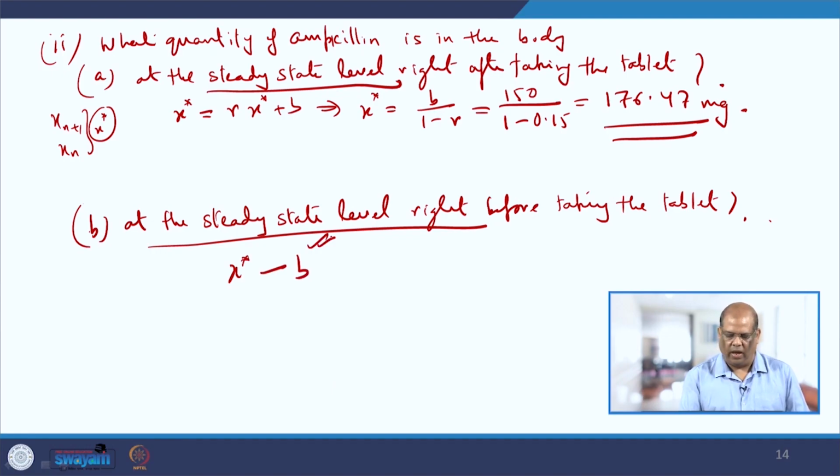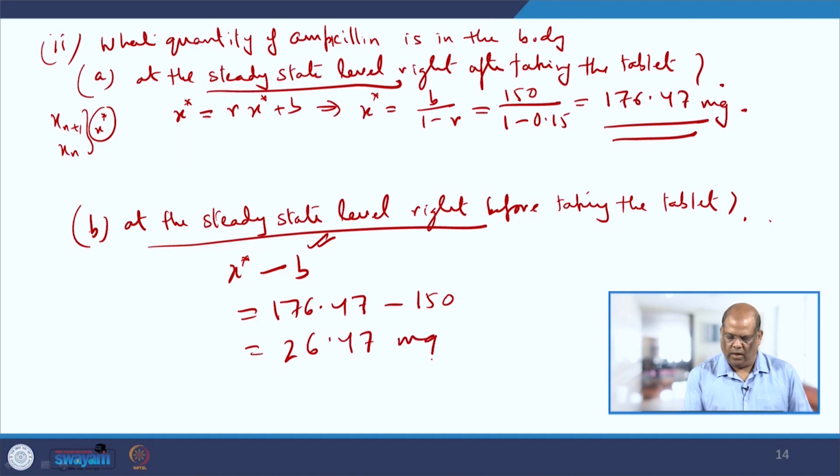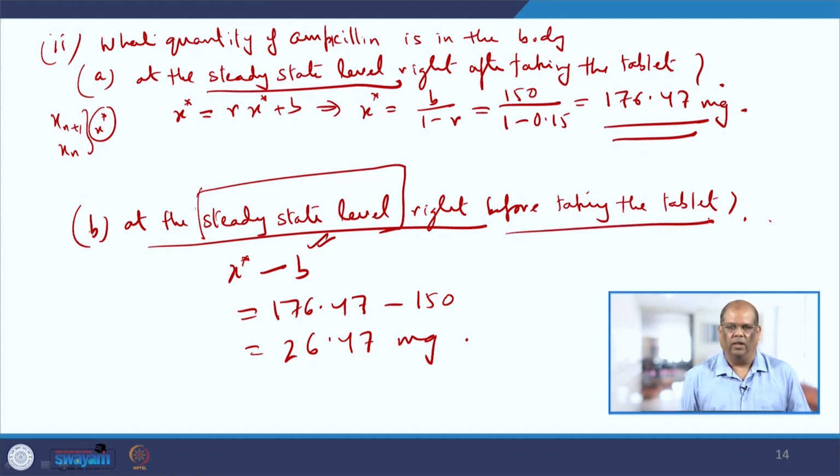Just before taking the tablet, the steady state level minus 150 mg will give you the amount of ampicillin in the body at the steady state level before taking the tablet.